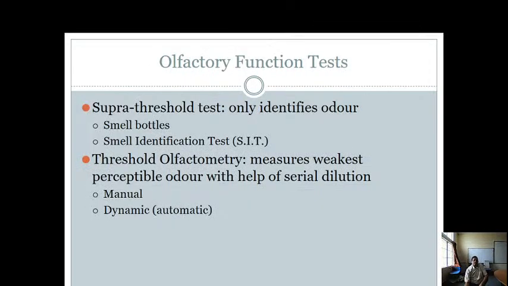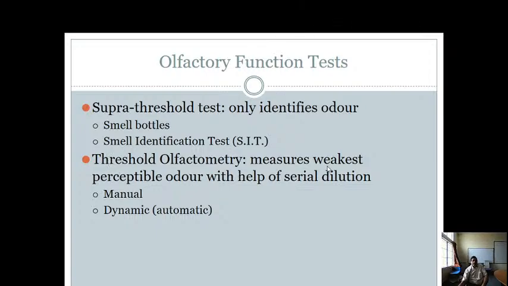Then we go to the olfactory function tests. Usually there are some smelling substances, smell bottles, and the smell identification test.